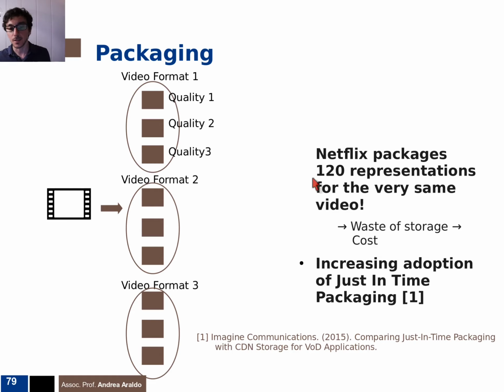For instance, Netflix represents each video with 120 representations, in order to be sure that all the users with all the combinations of devices, plugins and browsers will be able to read their content. Of course, this is a quite complicated process. It takes a lot of time and computational resources, and also a lot of knowledge of all the standards and the solutions available in the market.